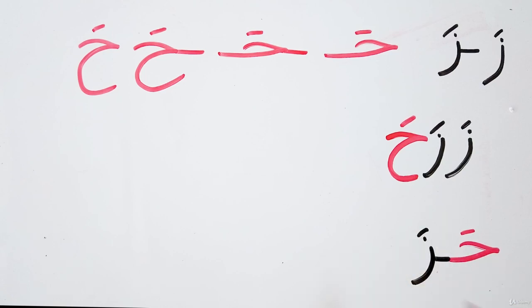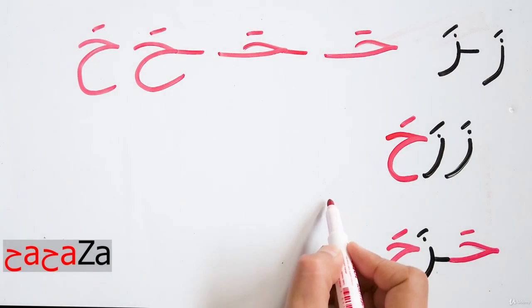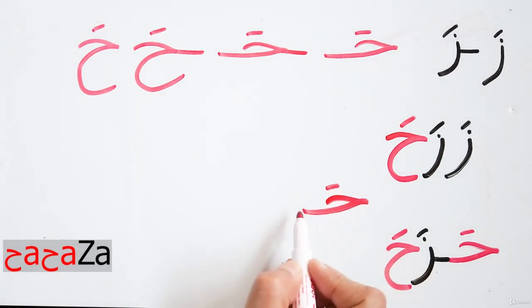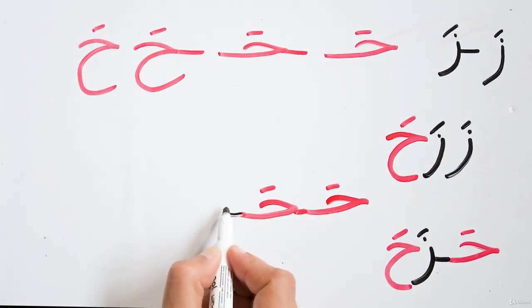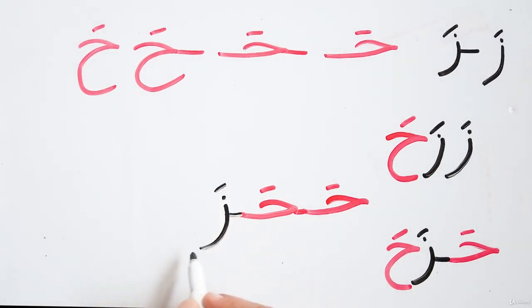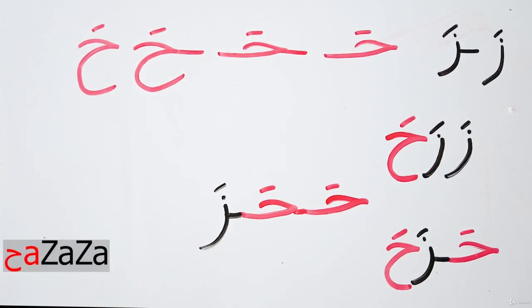The next is ha, ha, Z. The next one is ha, Z, Z.